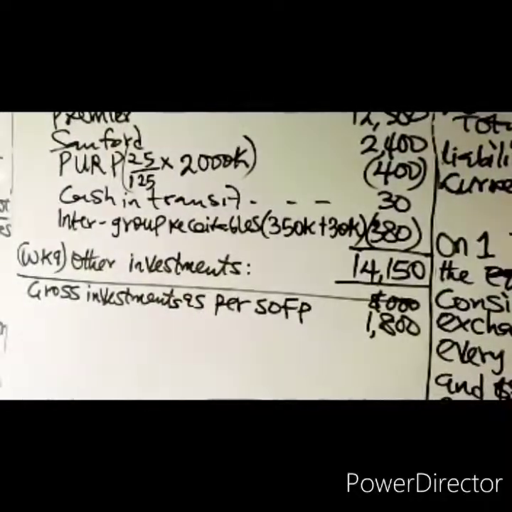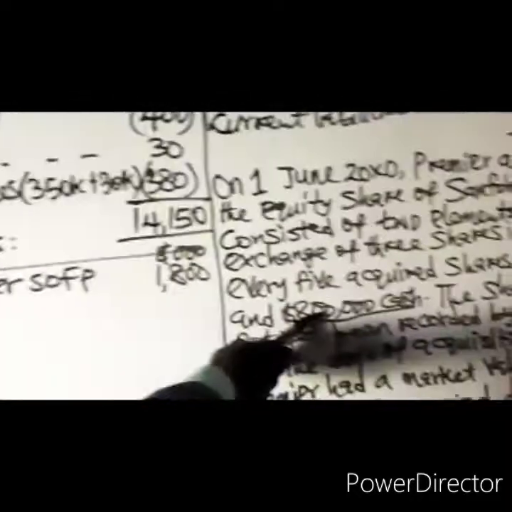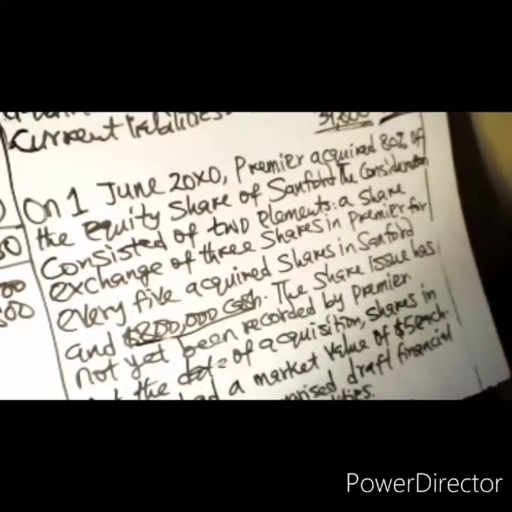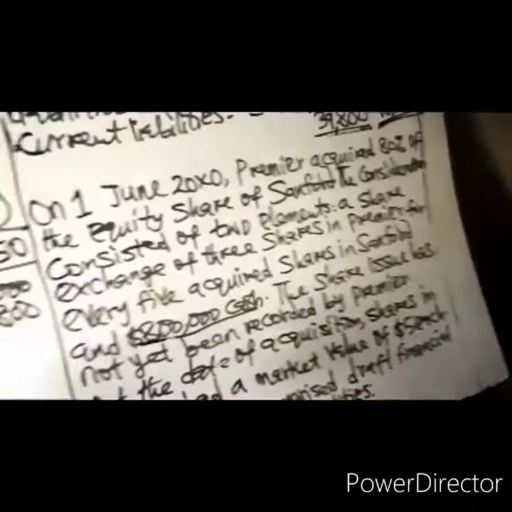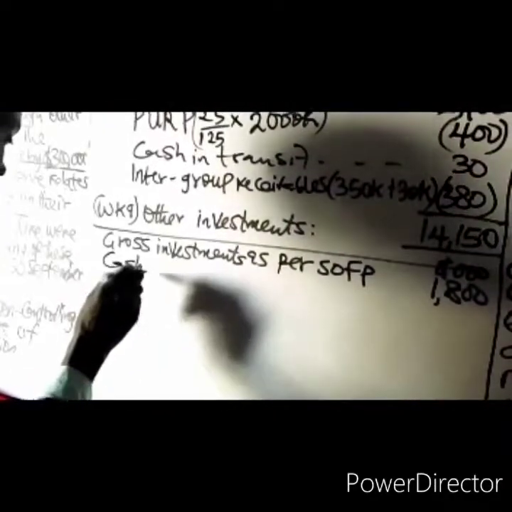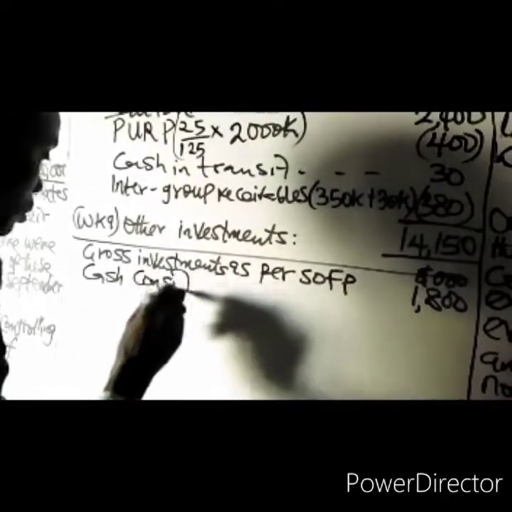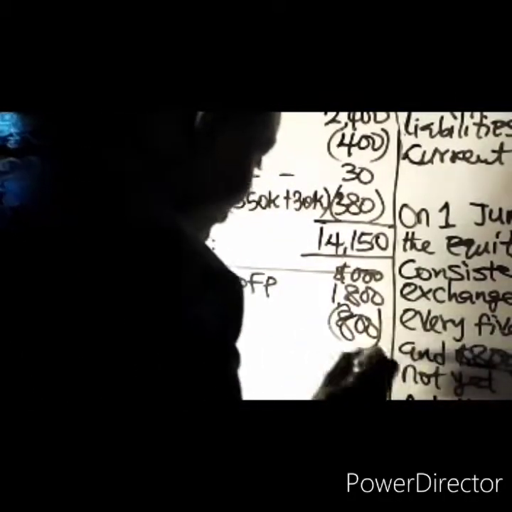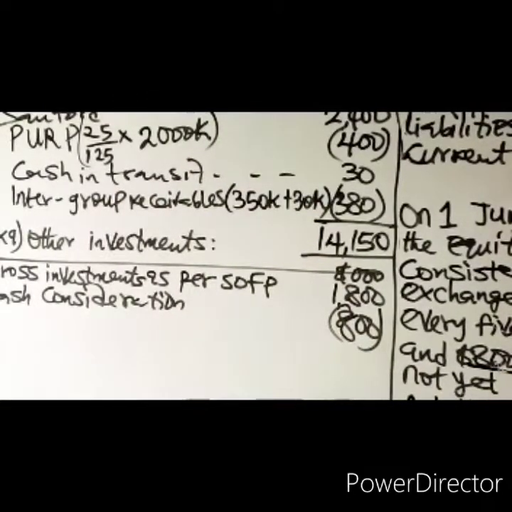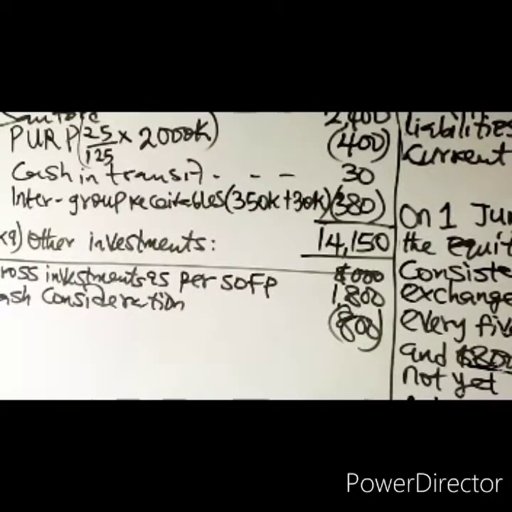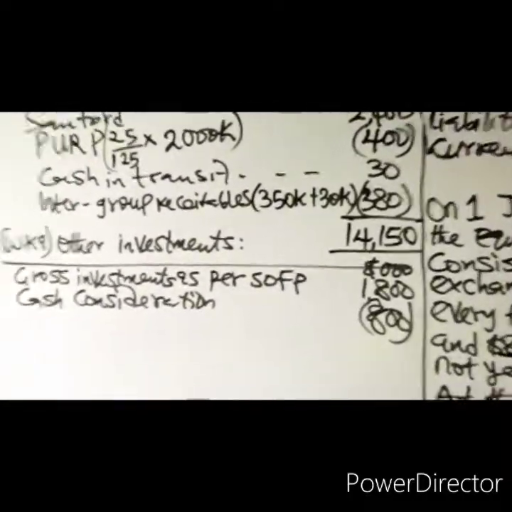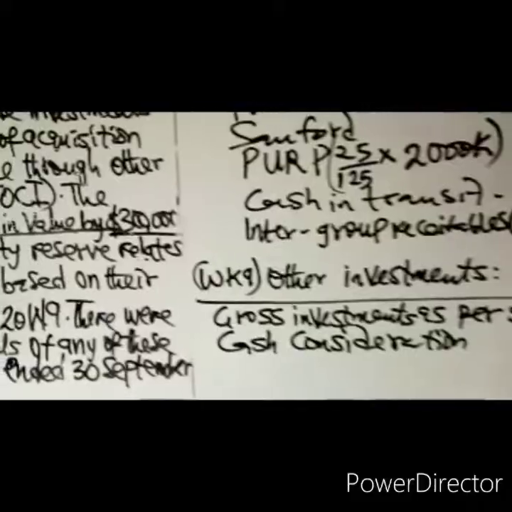Of this 1,800, you have cash consideration of 800,000. So if you remove the cash consideration, then the remaining 1,000 relates to other investment.